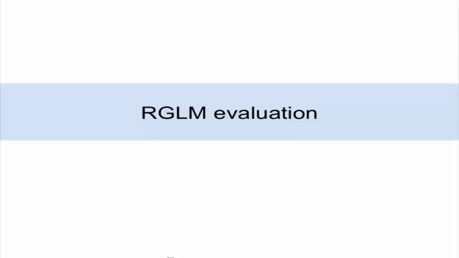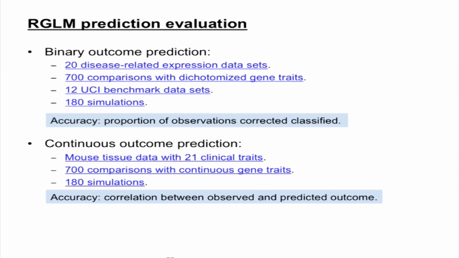Now, we evaluated this method on many data sets. So one is these 20 cancer data sets and disease-related data sets. Also these 700 dichotomized gene trait data sets that I mentioned. Also on 12 UCI benchmark data sets, and then on 180 simulations.